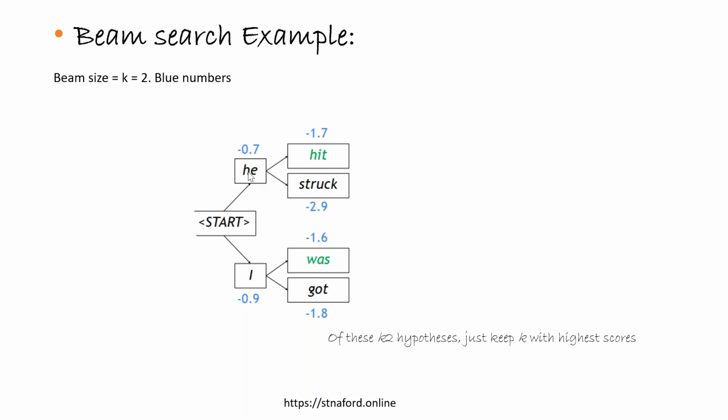So I will take the one which has the highest score. Similarly, in the next set of vocabulary, I will have hit and struck, and I will take the one which has the highest probability. Let's say hit I will take for the highest probability.